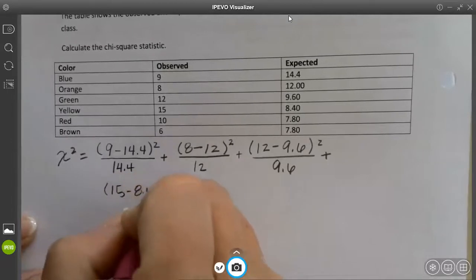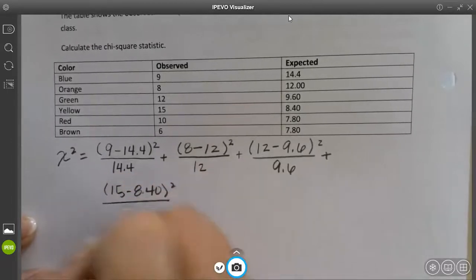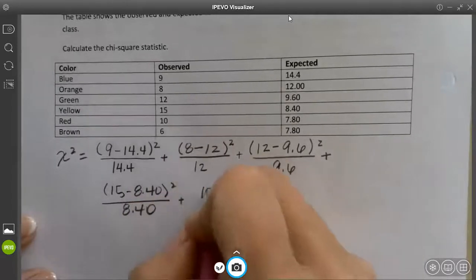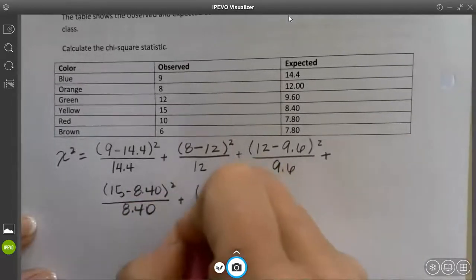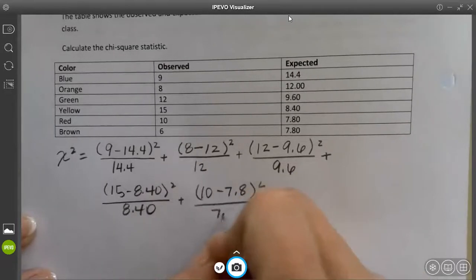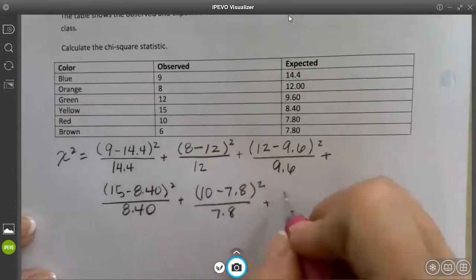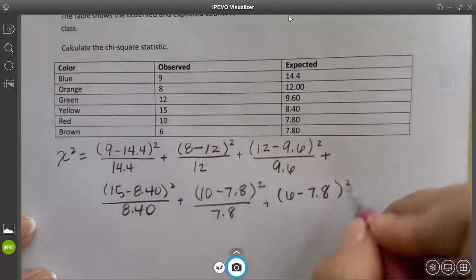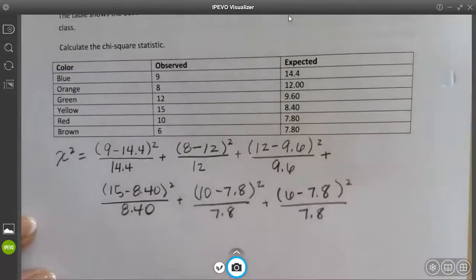15 minus 8.40 squared over 8.40. 10 minus 7.8 squared over 7.8. And 6, excuse me, minus 7.8 squared over 7.8.